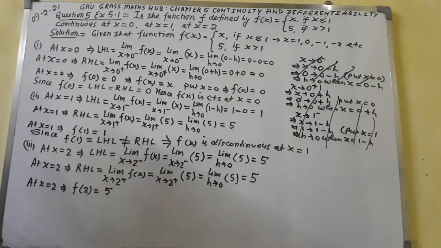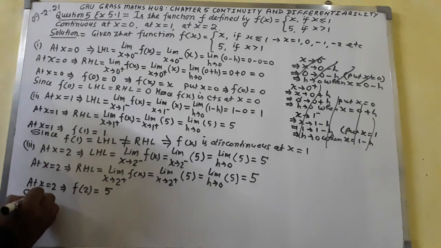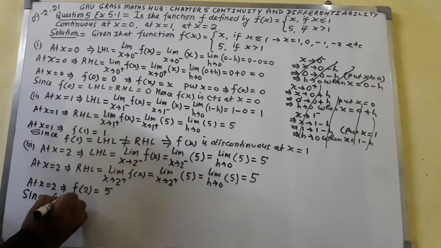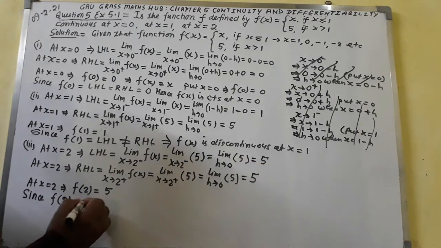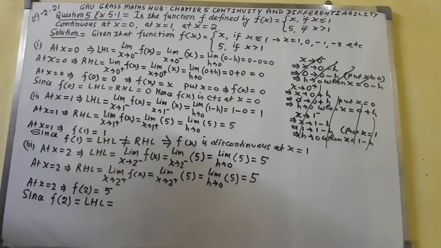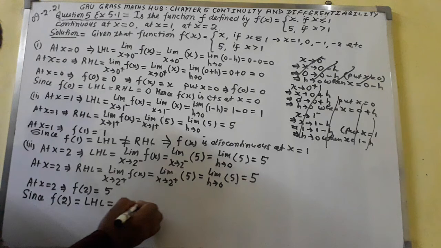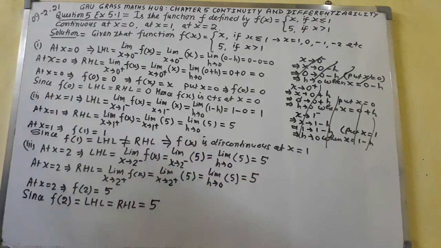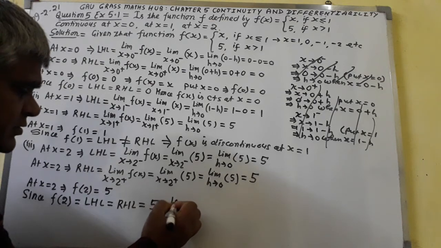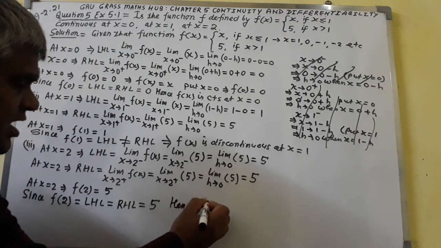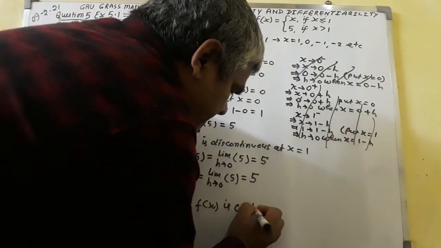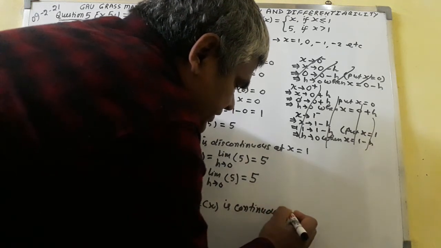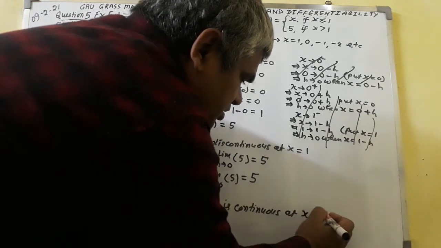So here I can write, since f of 2 equal to left hand limit equal to right hand limit comes out to be 5, hence f of x is continuous at x equal to 2.